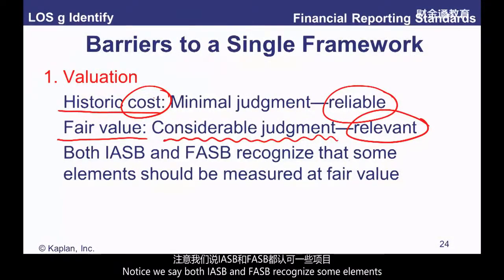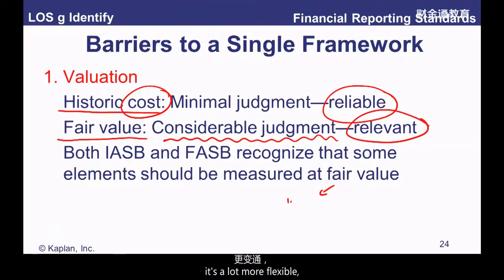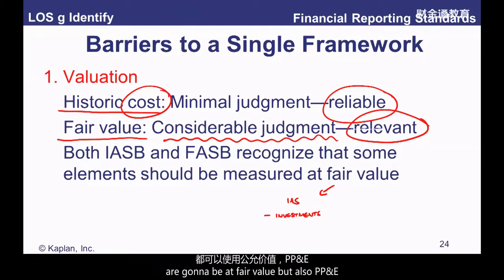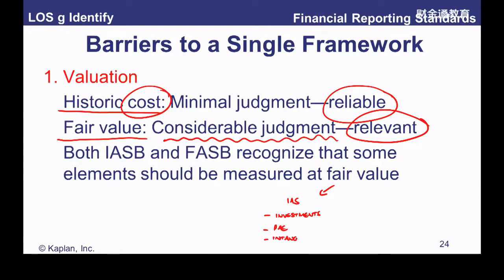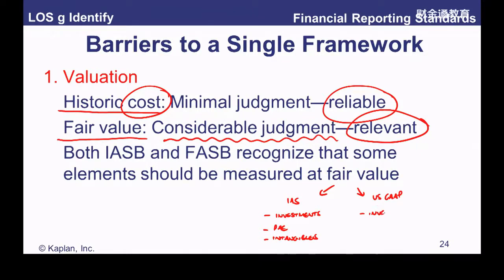Now, notice we're saying both IASB and FASB recognise that some elements should be measured at fair value. Now, remember, with international accounting standards, it's a lot more flexible. Essentially, certain investments, and we'll talk about which ones later on, are going to be at fair value, but also, of course, PP&E and our intangibles. US GAAP, it's really only certain investments.